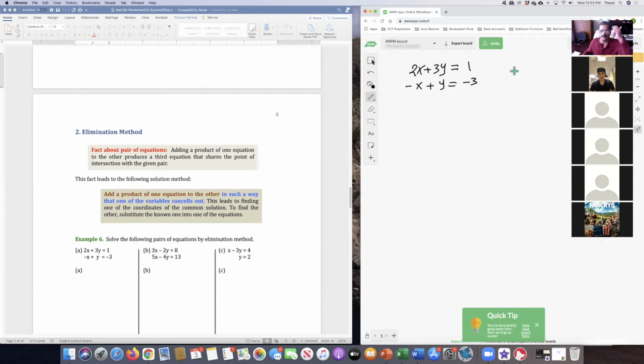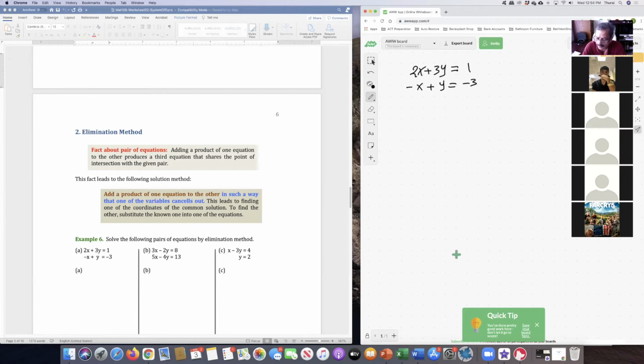Now, the process is to generate new equations by doing a sum of multiples of both or one. You can do any of those. I can multiply any one by any number and add to the other.